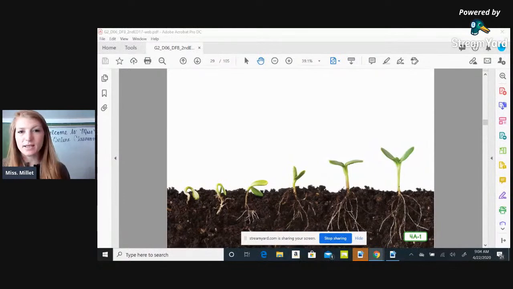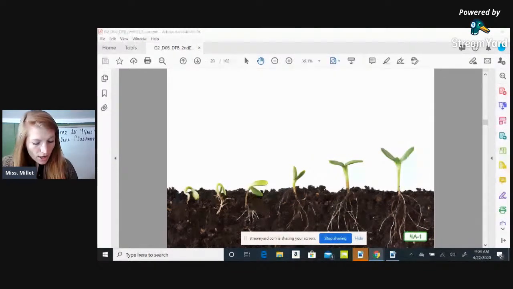So everyone should be seeing right now my picture on the left and then a picture of plants. This is our knowledge book, and this is our flip book that we would usually go through during our story. All right. So I am reading our story, so I apologize if I'm looking down.